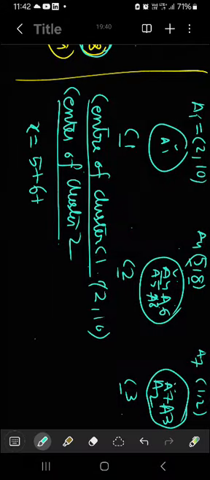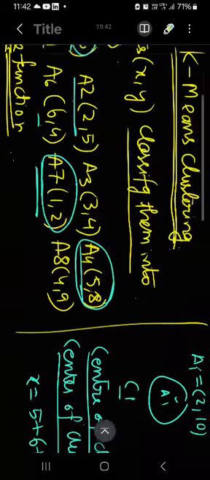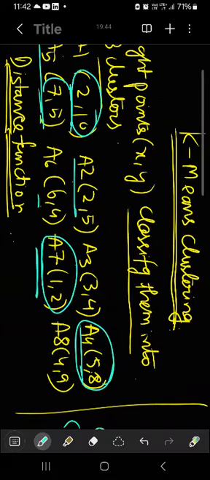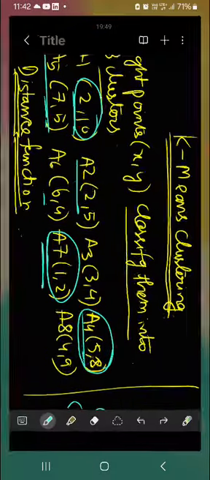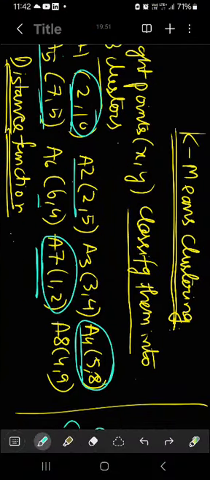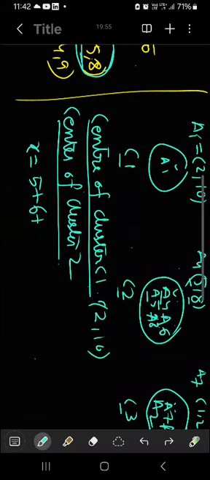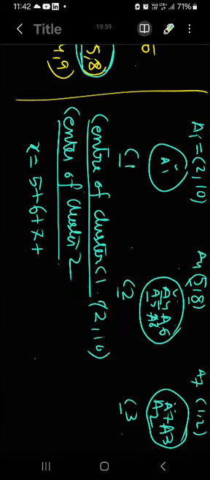Now what is the x coordinate of A5? The x coordinate of A5 is 7. And what is the x coordinate of A8?